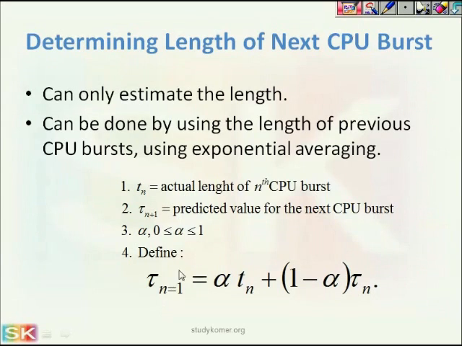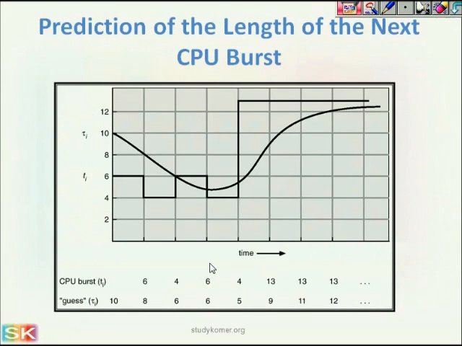So the expected value for n plus 1 depends on the predicted value and the actual value of the nth CPU cycle, right? So alpha Tn plus 1 minus alpha tau n will give you the next predicted CPU burst cycle, right?